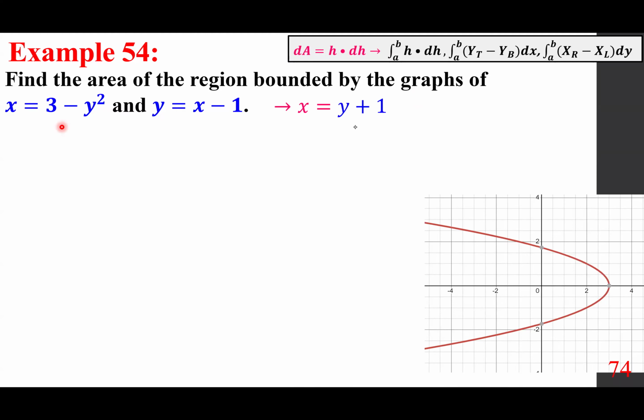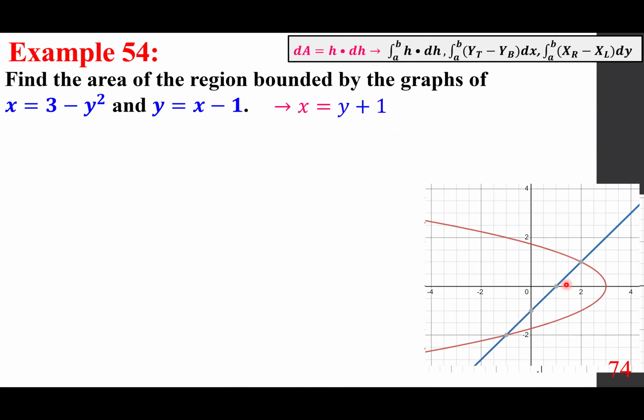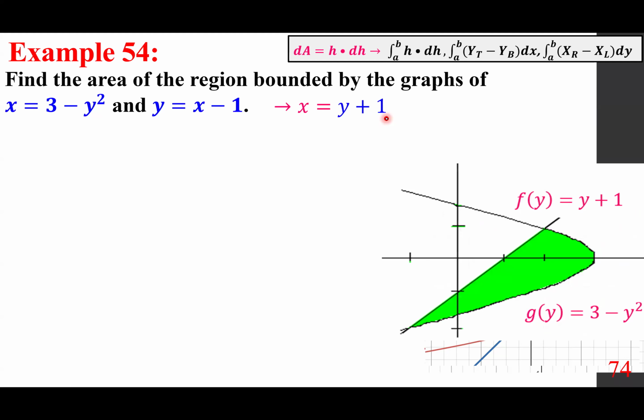We change the line to x equals y plus 1. It doesn't change the graph of the line y equals x minus 1. The reason we change it to x equals y plus 1 is that one of the functions, the curve, is clearly on the right side of the other function, which is a line.